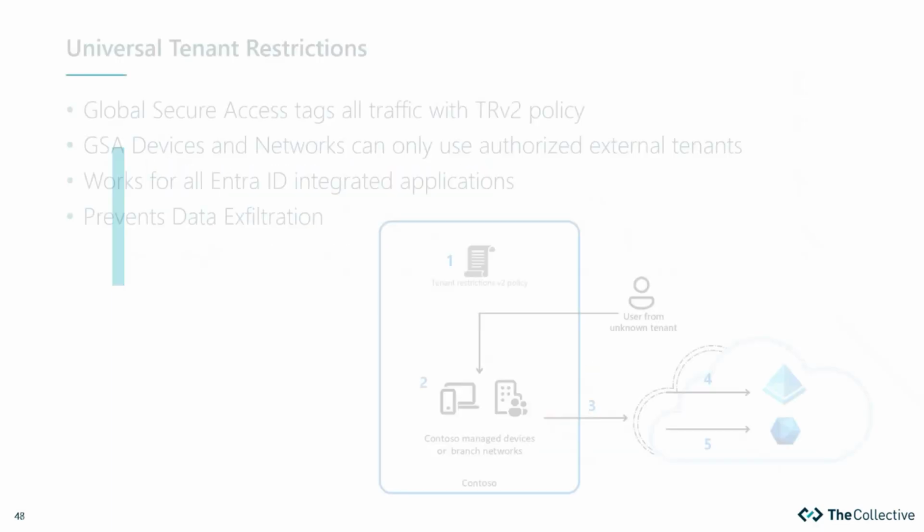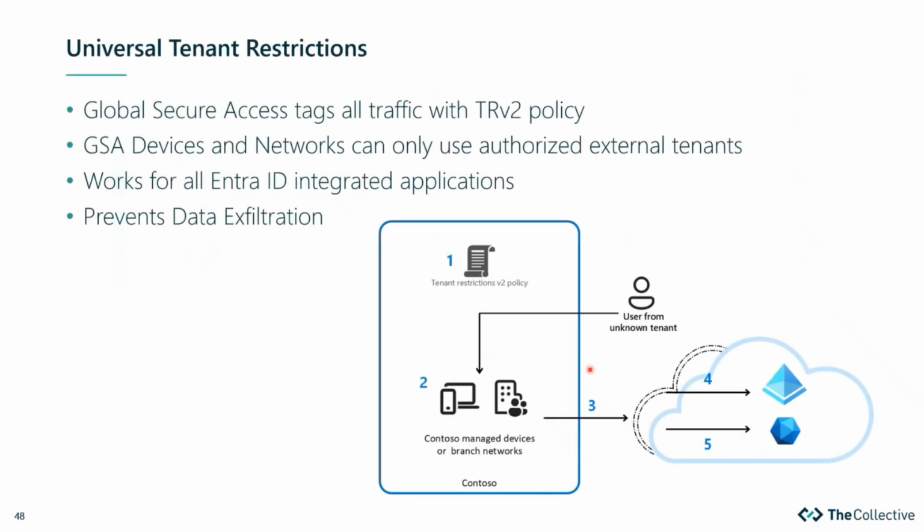Another feature is the universal tenant restrictions. This is mainly to make sure that your users are not able to access specific external tenants that you do not want to allow. So if you're now using a proxy solution with tenant restrictions, you probably have a V2 policy, or you inject the tenant restriction policies into your network traffic.